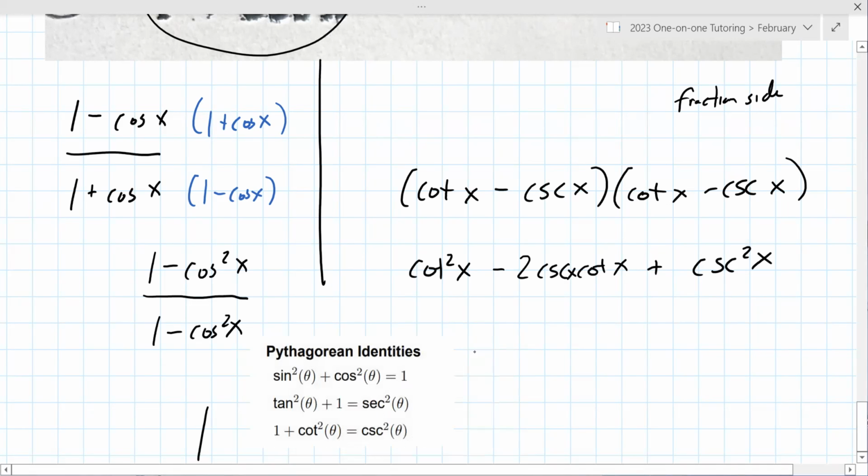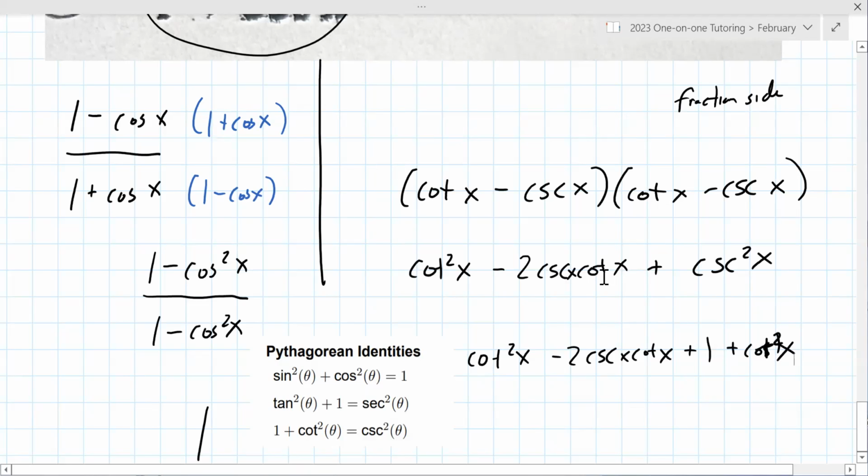So we got cotangent squared x minus 2 cosecant x cotangent x, and then we're going to put in 1 plus cotangent squared x. Okay. Problem with that is you've now got 2 cotangent squareds, which is not good.